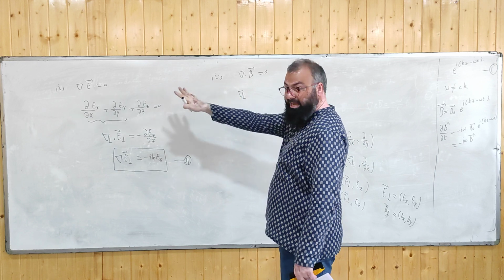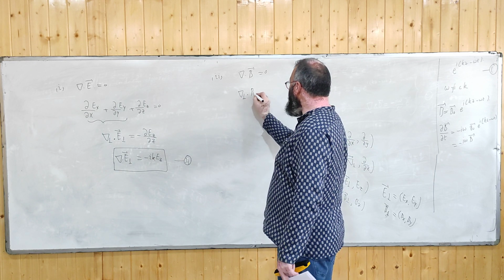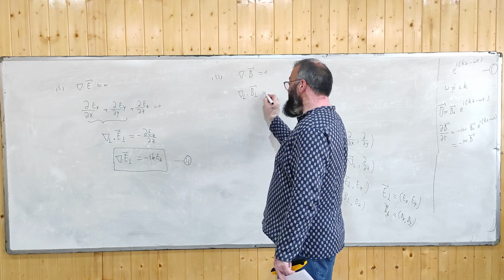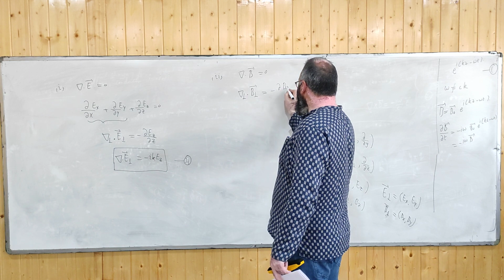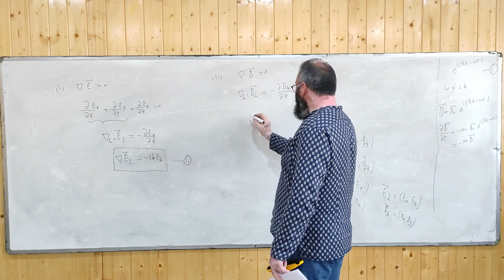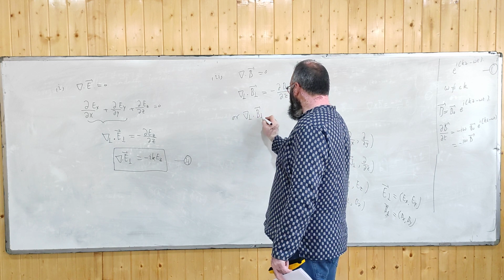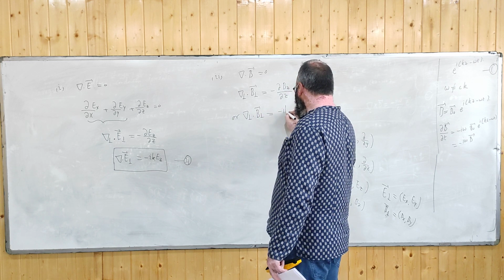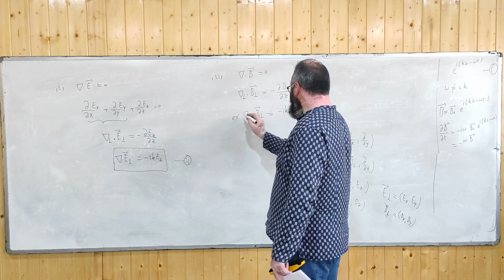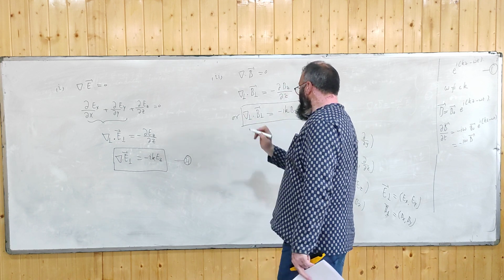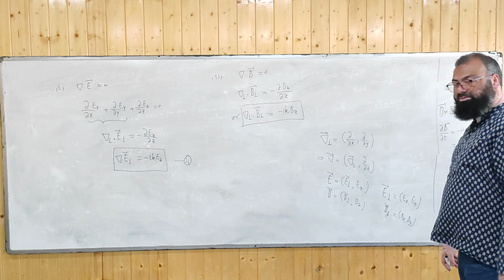It is the same thing. So nabla perpendicular dot B perpendicular plus partial Bz by partial z. So it is equal to minus ik Bz. It is of the same form. These are trivial equations.